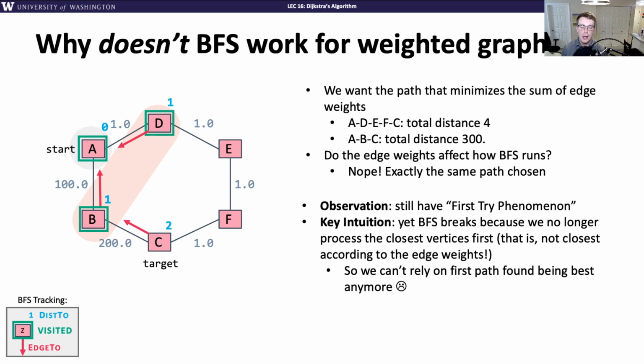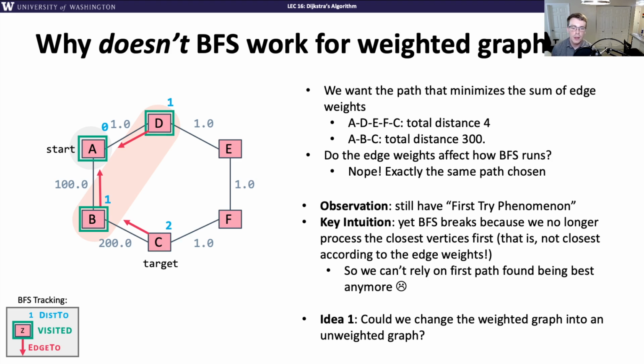BFS breaks because we're no longer processing the closest vertices first. Remember, now we're in the weighted graph problem, we define closeness based off the sum of the edge weights along the path. If we just use plain old BFS, we're just taking the number of edges as our metric. We're not taking these edge weights into account. So we can't rely on the first path found being the best anymore.